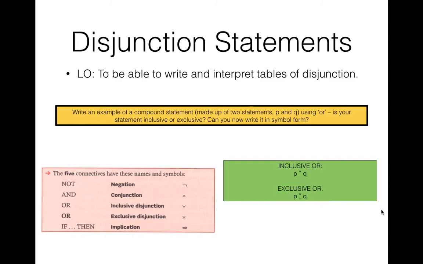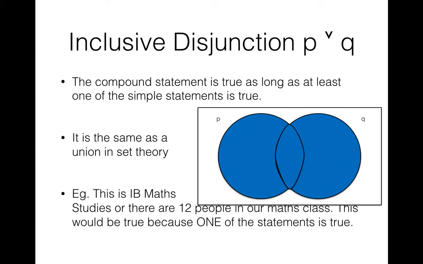Okay, so let's have a look at what these disjunctions actually tell us. So if you're using the inclusive disjunction, then the compound of your two simple statements can be true as long as at least one of the statements is true. It's the same as a union in set theory.